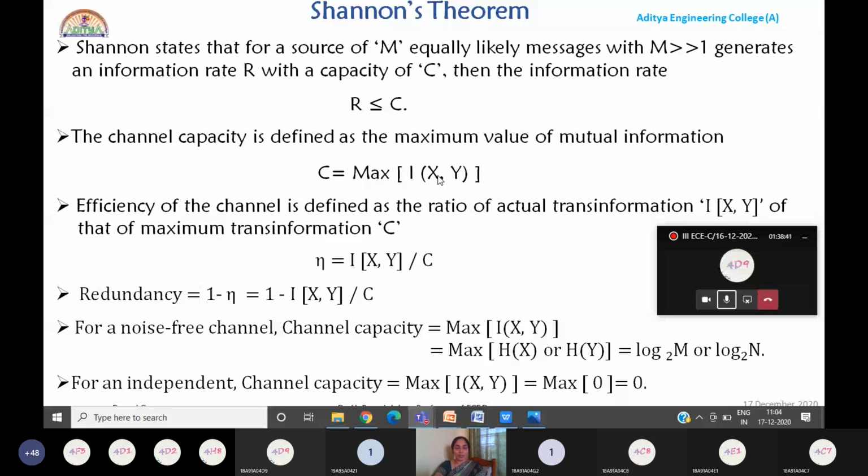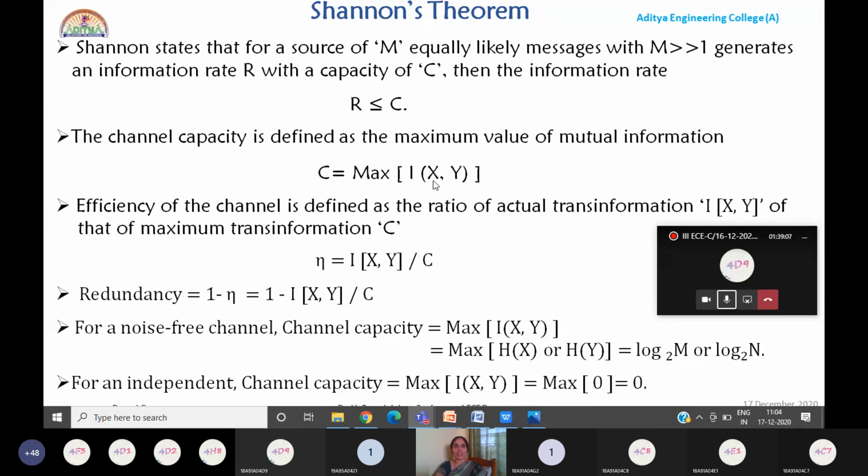So the maximum amount of mutual information is generally defined as the channel capacity. The channel has a capability of allowing the maximum amount of mutual information, that may be from transmitter to receiver or receiver to transmitter.